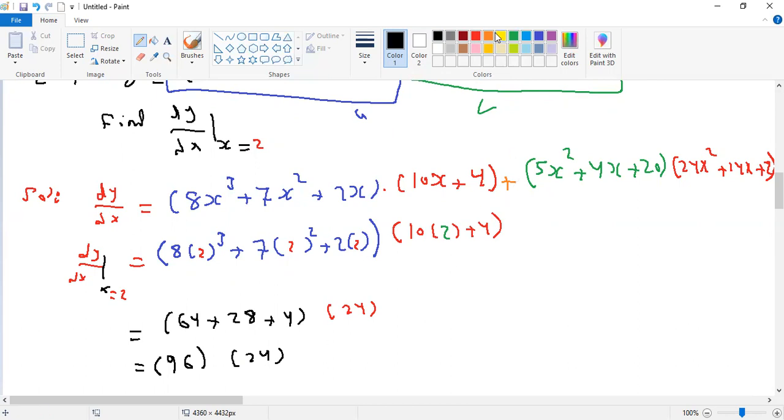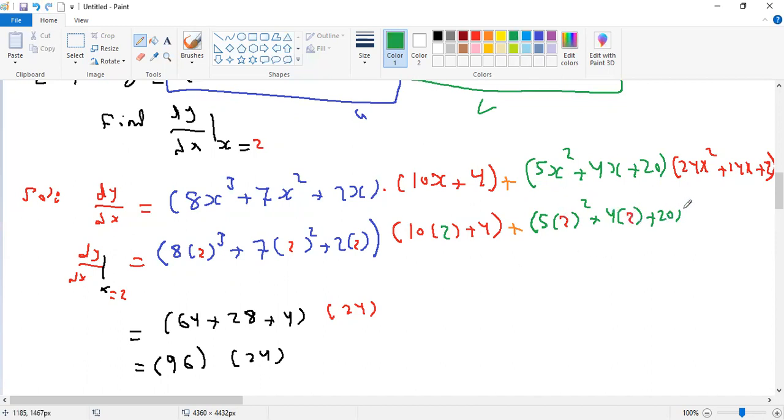Now, here I have a plus. Now, v times u prime. What is the v? The v is 5x squared plus 4x plus 20. The x is 2, because you ask the derivative at x equal 2. So we put here 2.